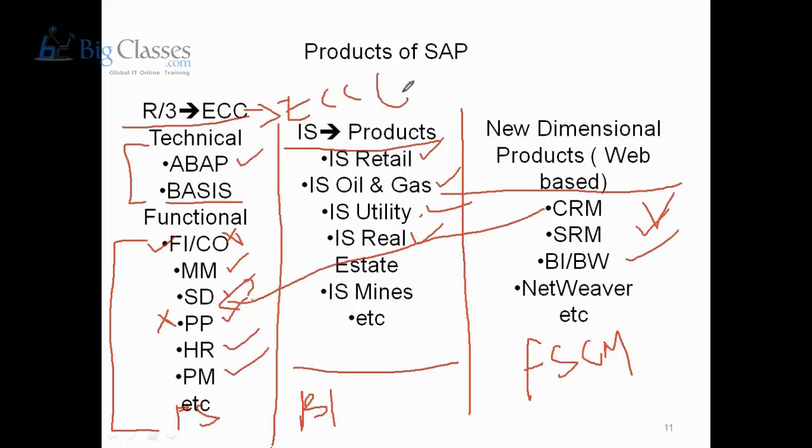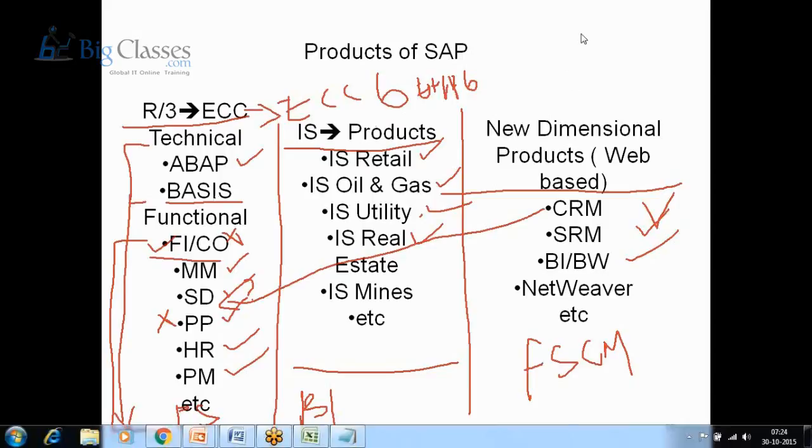Currently we are in ECC 6 and ESP 6, the latest version. In ECC 6 we have these modules available. Now coming to our module, FICO. It's actually two modules: one is Finance, and the other is Management Accounting, or Controlling.